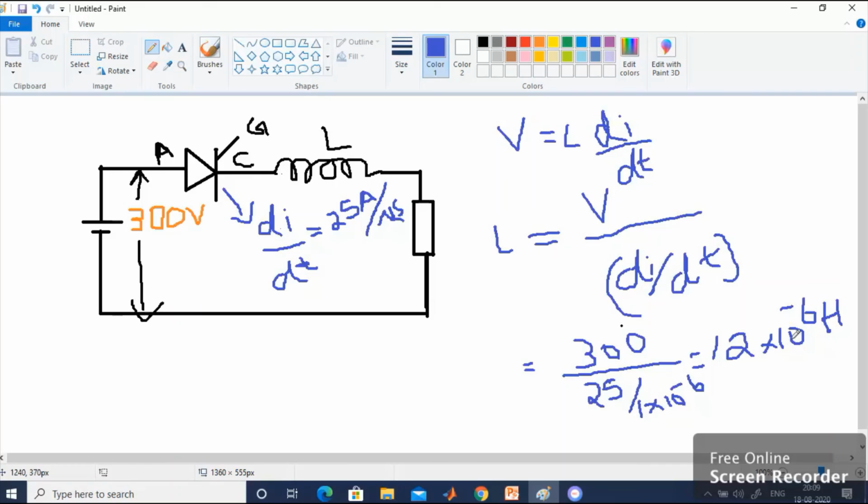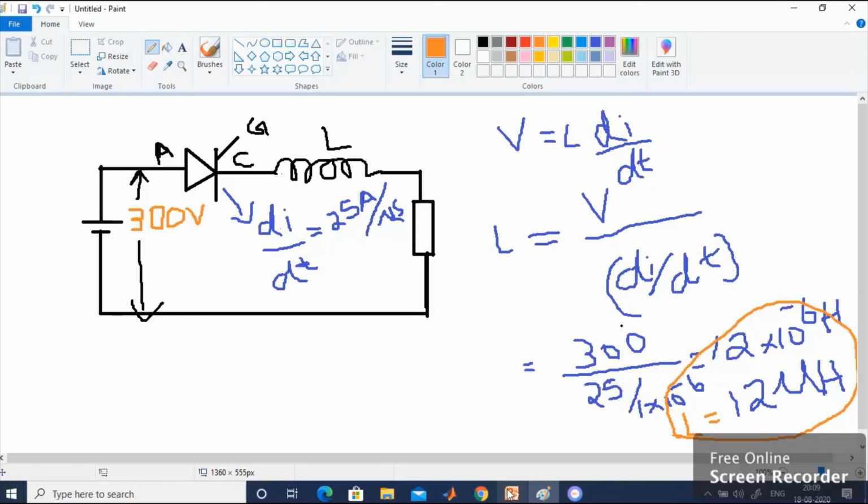So what is 12 into 10 to the power minus 6 Henry? It can be written in another form: 12 microhenry. So the answer for this question, the value of inductor, is 12 microhenry.